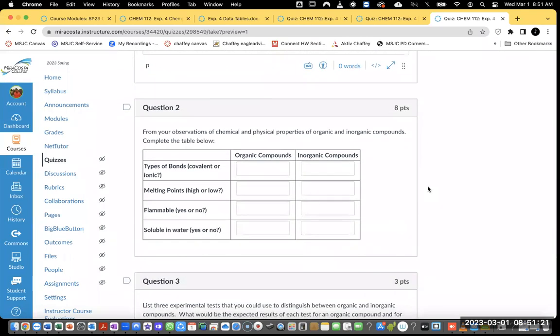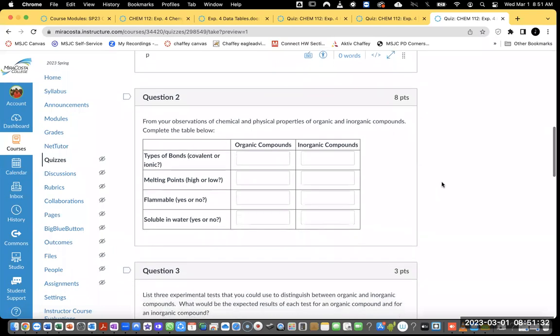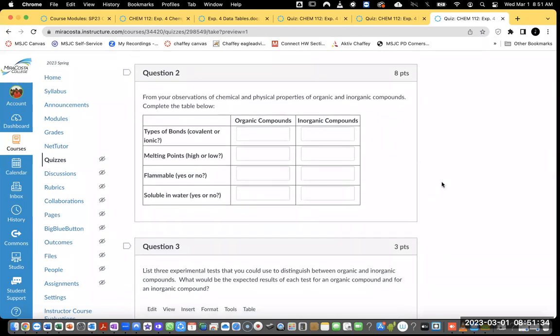And there is a lecture video posted, guys, on this, so you must watch that for the physical properties of the organic molecules. Then you got this observation table. So organic compounds and inorganic compounds, you're comparing what type of bonds they have, whether they have high or low melting point, whether they're inflammable or not, whether they're soluble in water or not.